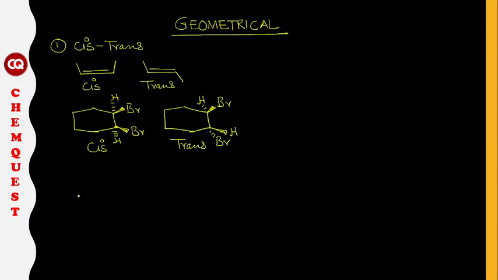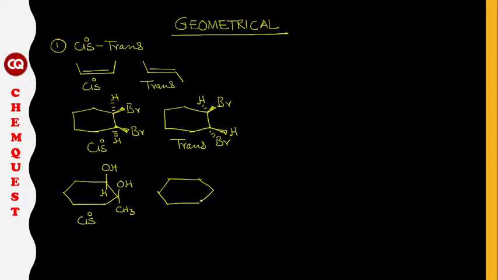But in case of other examples, if one is matching, then alcohol like this and another is alcohol, but in this case CH3, then if the 2 OH groups are on the same side of the plane it means cis.